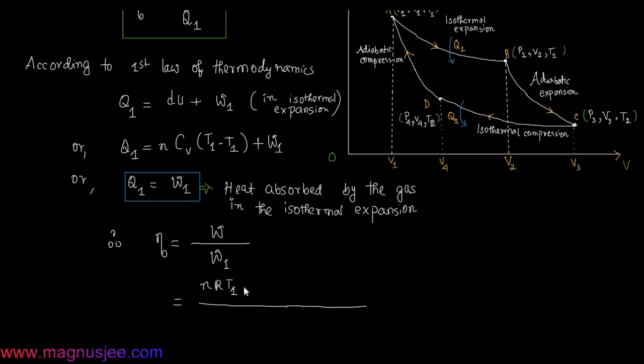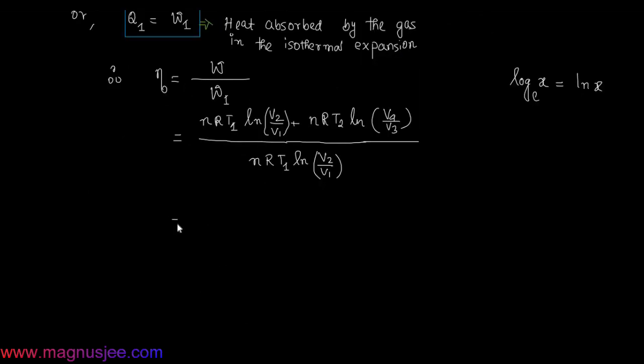And here in place of W, we can write nRT1 ln V2 by V1 plus nRT2 ln V4 by V3, divided by nRT1 ln V2 by V1. Ln means log base e.